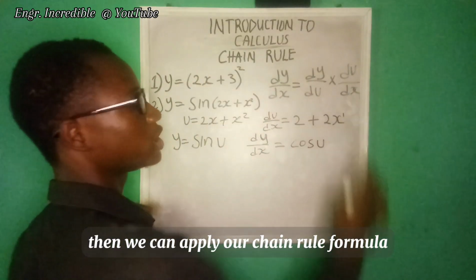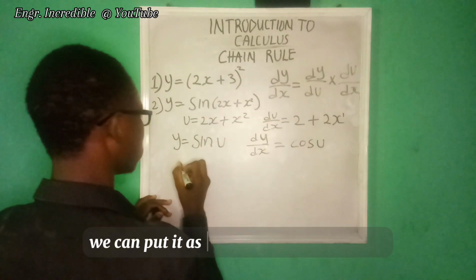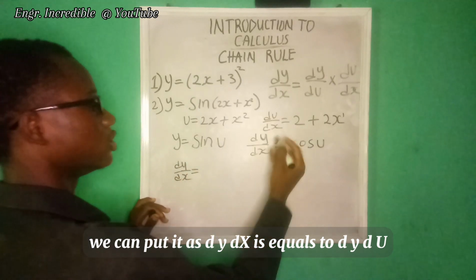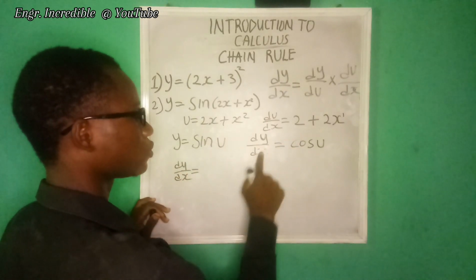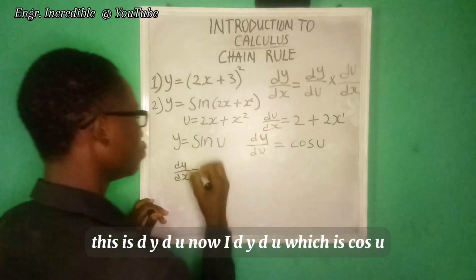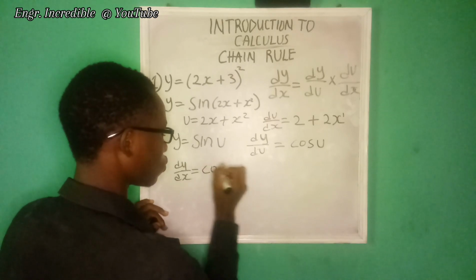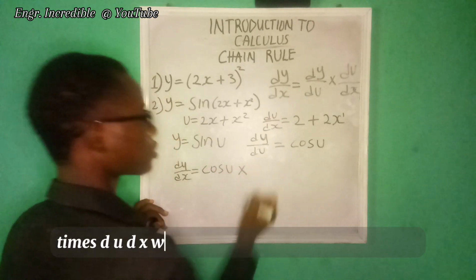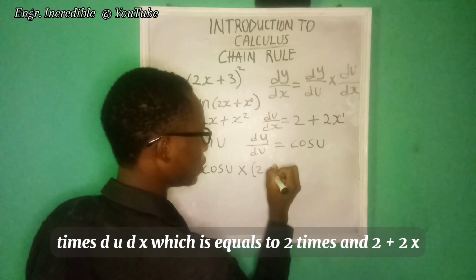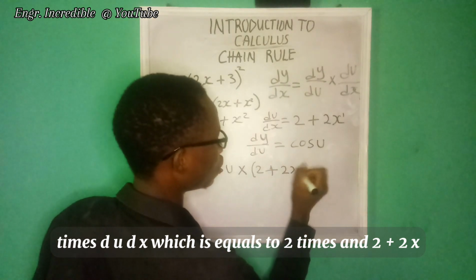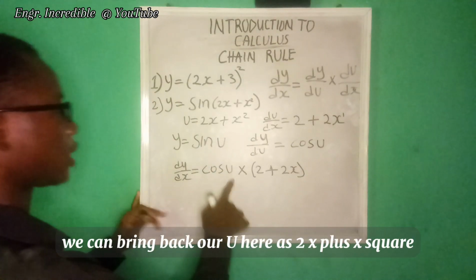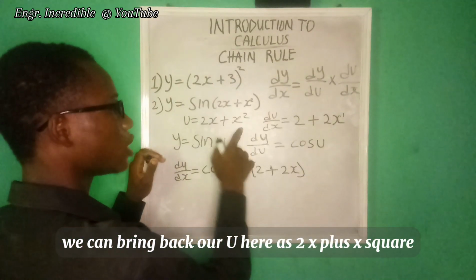Then we can apply our chain rule formula. We can put it as dy/dx is equals to dy/du, which is cos u, times du/dx, which is equals to 2 plus 2x. So from here we can bring back our u as 2x plus x squared.